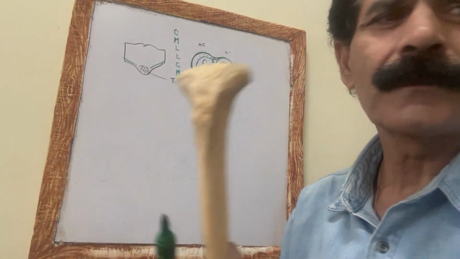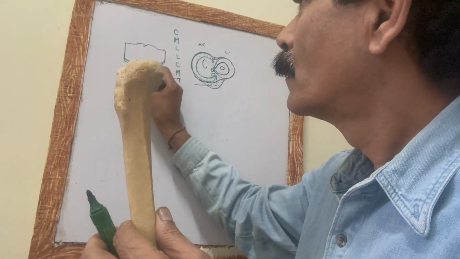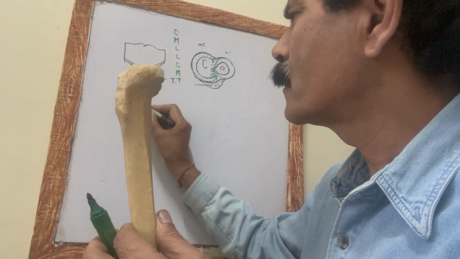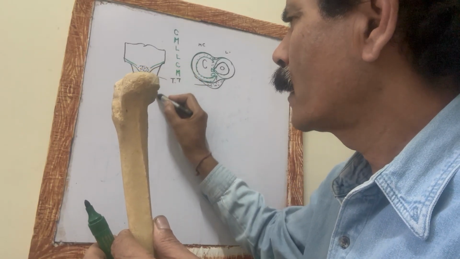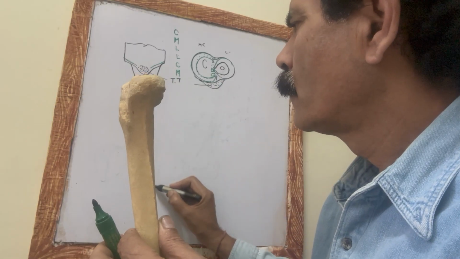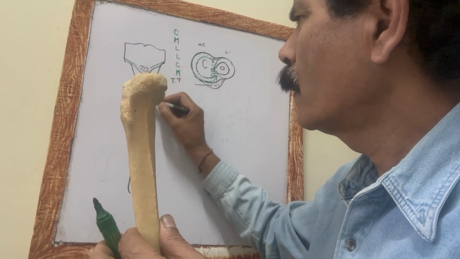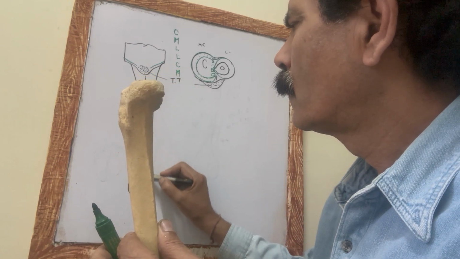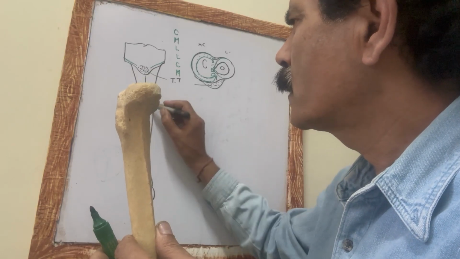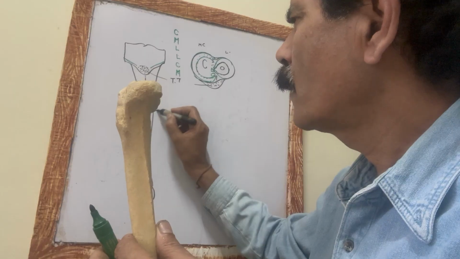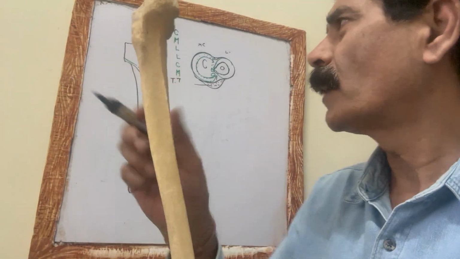Then below is the shaft of the tibia. The shaft of the tibia has the same three surfaces and three borders like the femur. So it has got the anterior border and the medial surface. So the medial surface and anterior border are called the shin of the tibia.